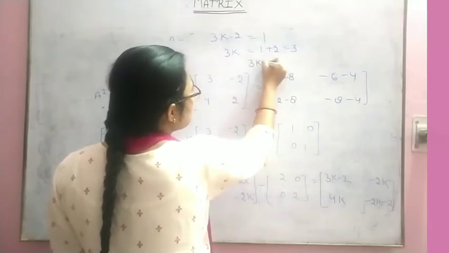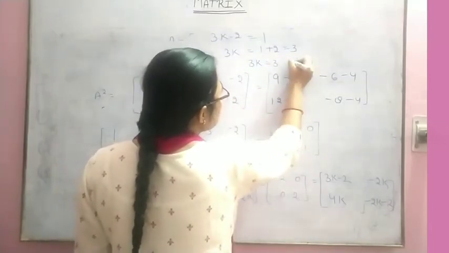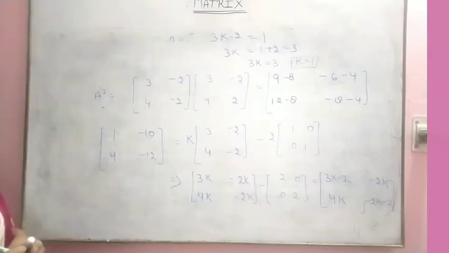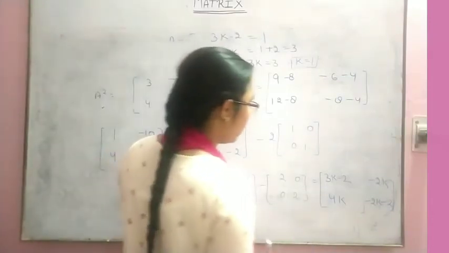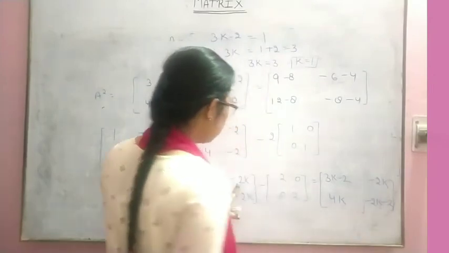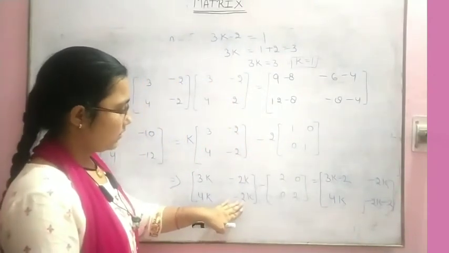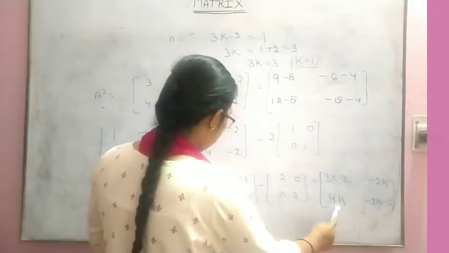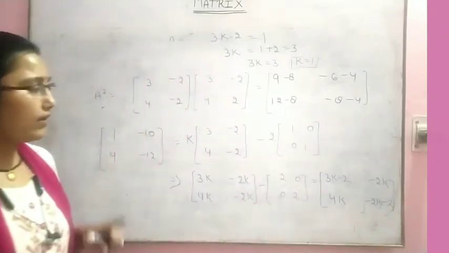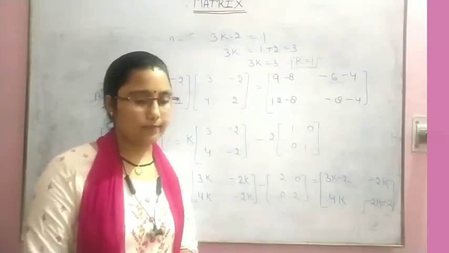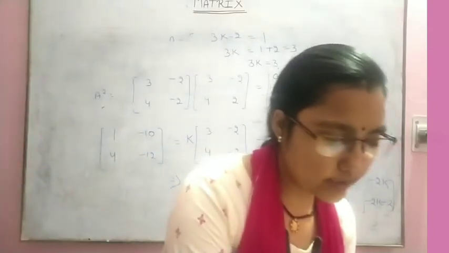So 3K equals to 3, that means value of K is 1. Got it? If we compare 4K and 4K, these are equal. We have only one position from where we get value of K. Now come to the next question.